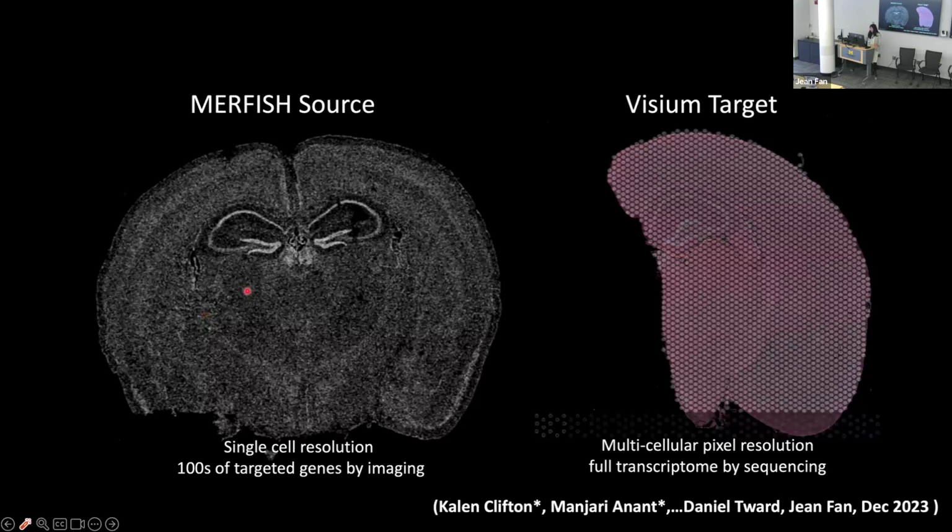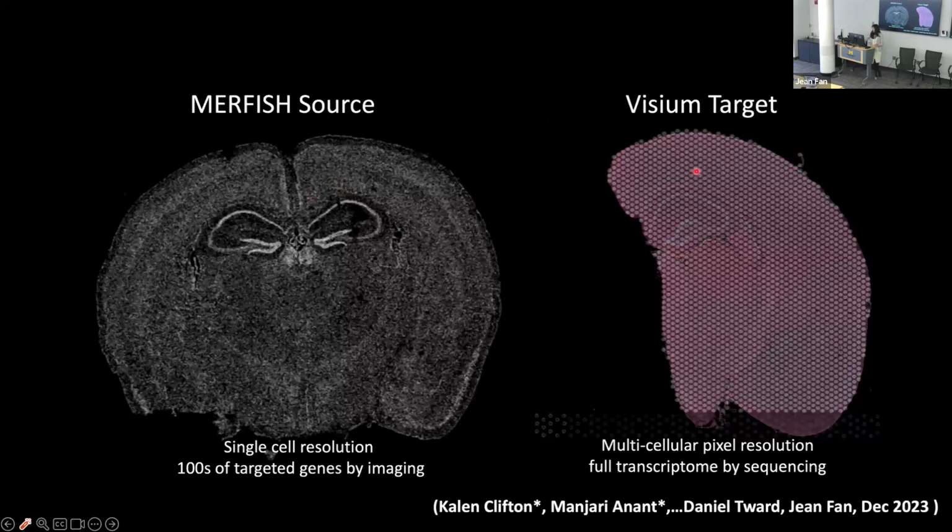And this is also where our focus on structural similarity and imaging is quite important. So consider you have a single cell resolution spatial transcriptomic imaging technology like MERFISH and a spot-based resolution technology like Visium. If you want to align cells to spots, it's a little challenging.